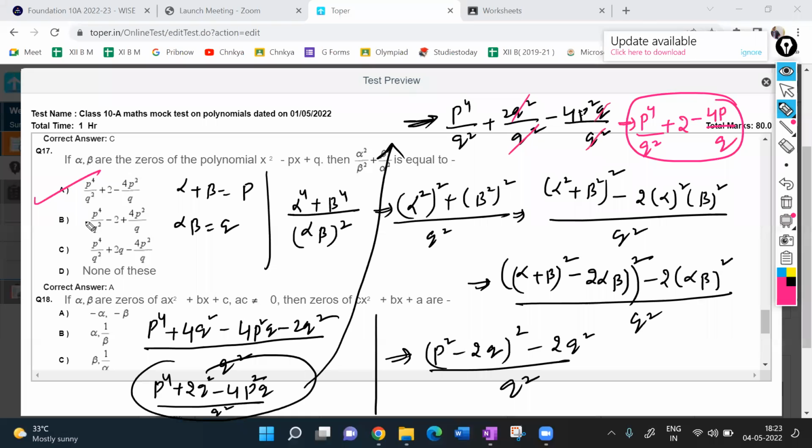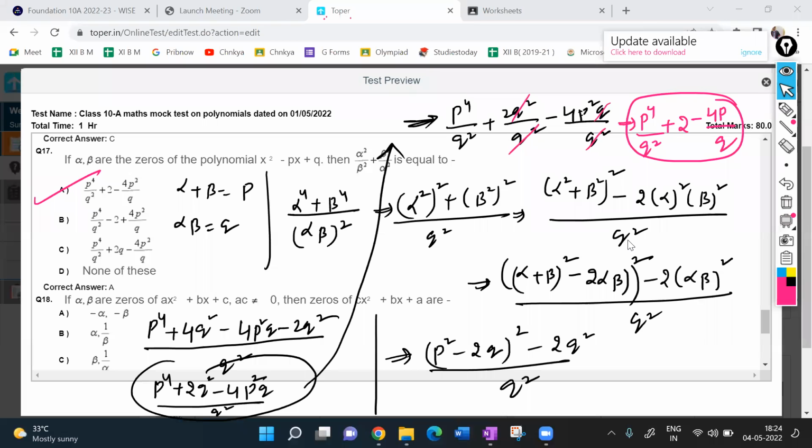Correct? Any doubt, guys? Children, any doubts? No doubts. Everyone, I need an answer. How many of you did this? How many of you did this, guys? I did this one.